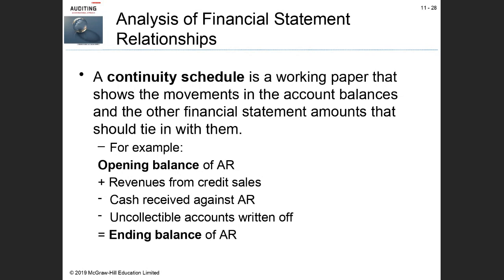So you end up with $9 million in your accounts receivable, assuming there's no receivables written off. But now we compare that to the continuity schedule last year. Last year we started off with 10 million as well, but in December last year we had $3 million in credit sales. So the auditor would ask themselves, why are credit sales this year only 1 million when last year they were 3 million, right?